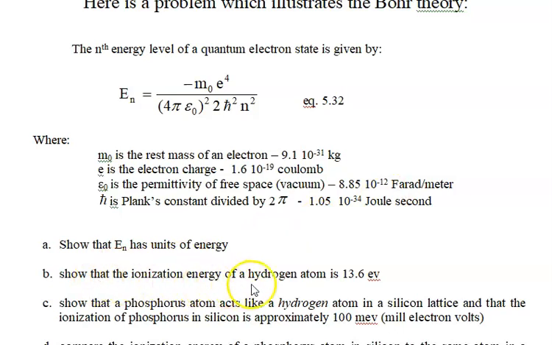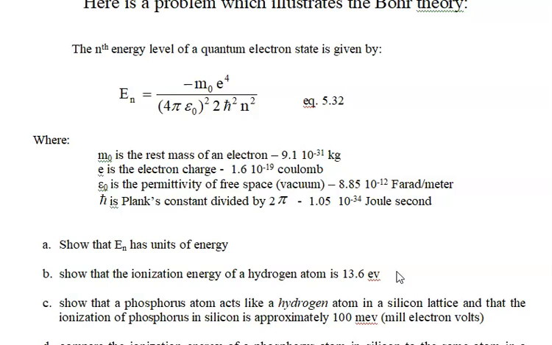Show that the ionization energy of a hydrogen atom is 13.6 electron volts. That's a big deal. Ask any engineer what the ionization energy of a hydrogen atom is, he will immediately tell you that it is 13.6 eV. He might not know his anniversary or his wife's birthday, but he does know that the ionization energy of a hydrogen atom is 13.6. That's quite characteristic of engineers.